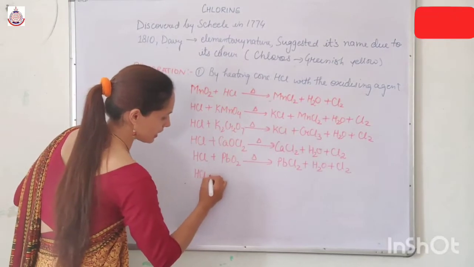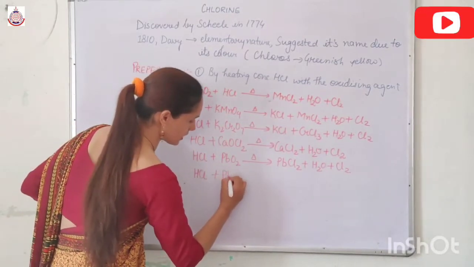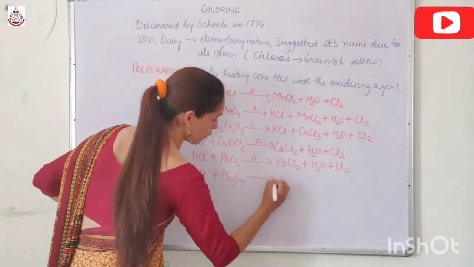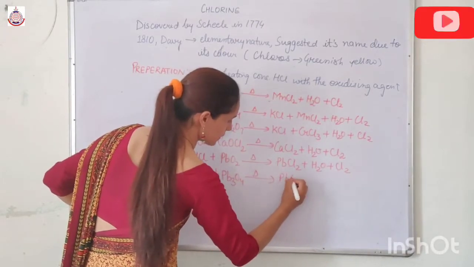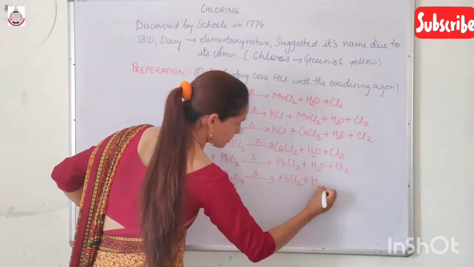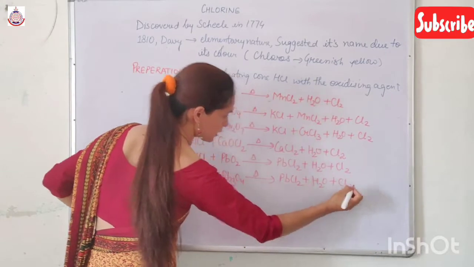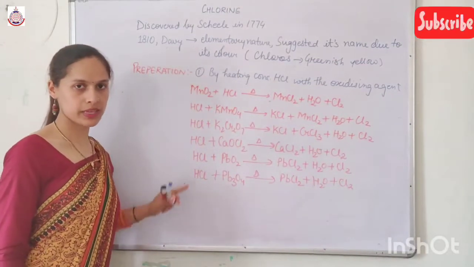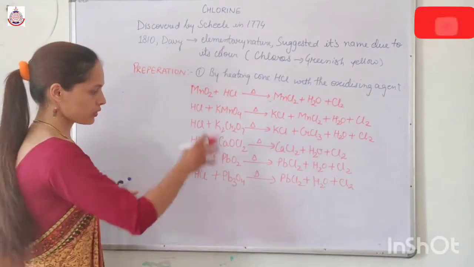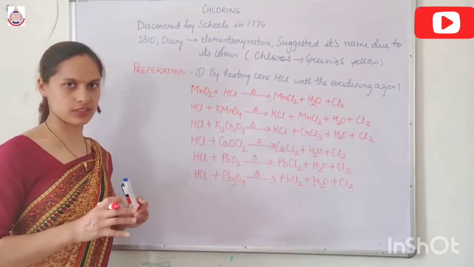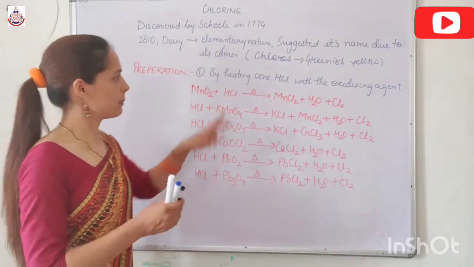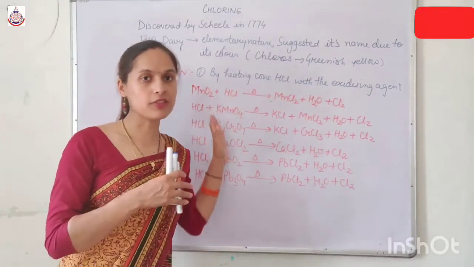When HCl on heating with red lead, that is Pb3O4, it gives PbCl2 plus H2O plus Cl2. So these are the different reactions on the basis of the first method.